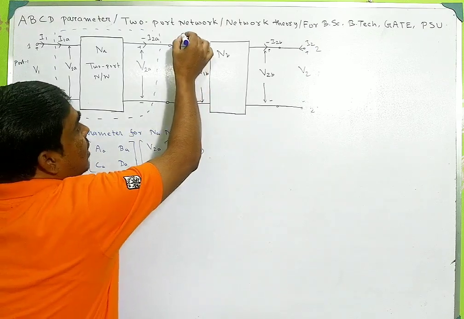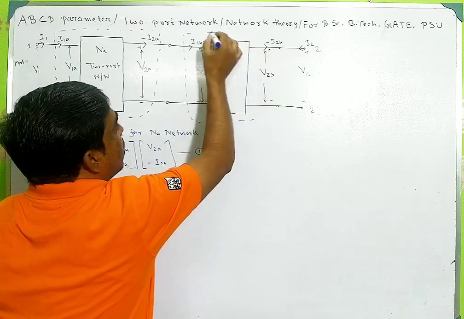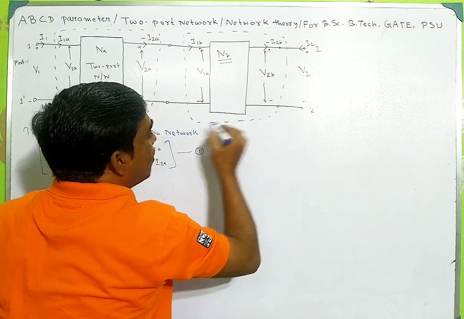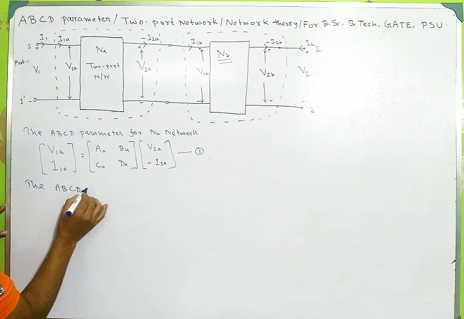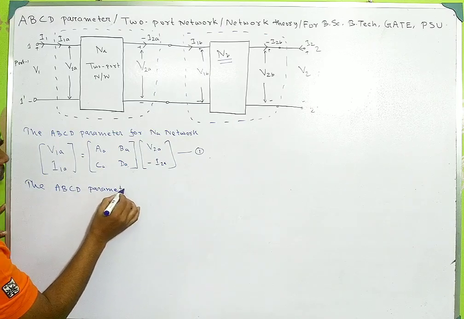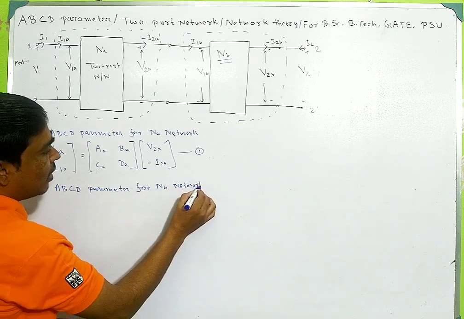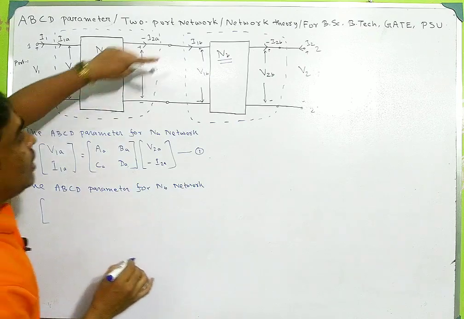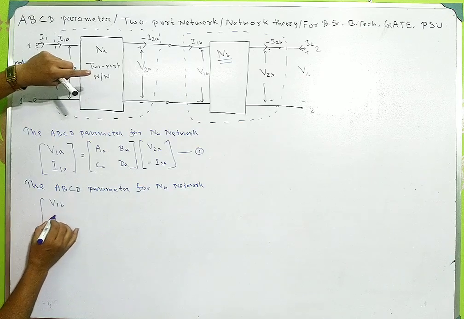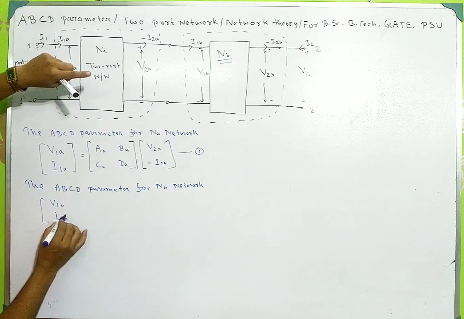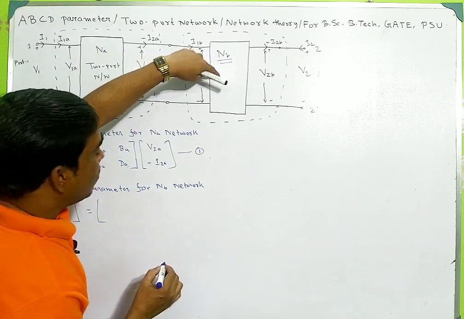Now this is another network. This is the NB network, a two-port network. So if I take this network, then the ABCD parameter for NB network is given by, this is the input voltage and current, V1B and I1B, given by the ABCD parameter of this network NB.